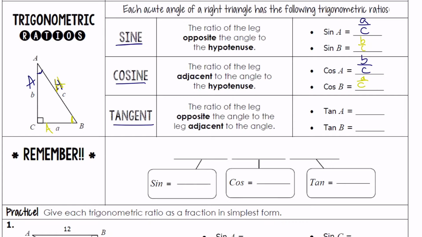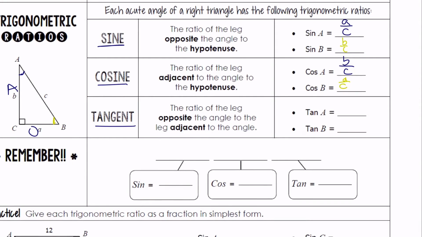And then we have tangent, which is the ratio of the leg opposite to the leg adjacent to the angle. So we're not dealing with hypotenuse when we deal with tangent. The hypotenuse is irrelevant. So we have to look again for our opposite and our adjacent sides.